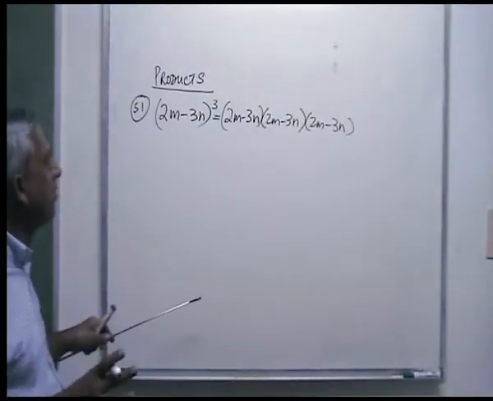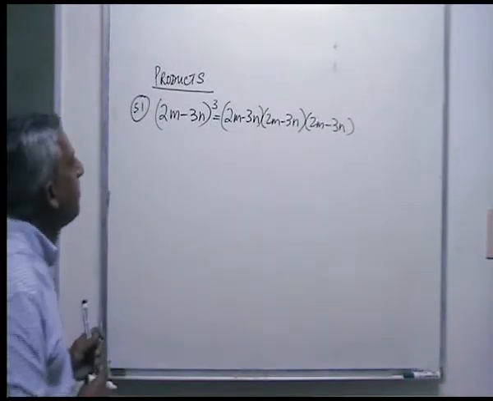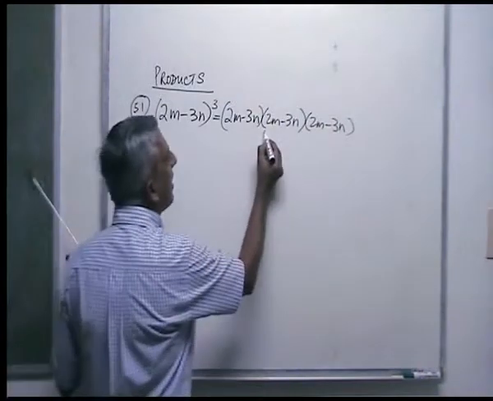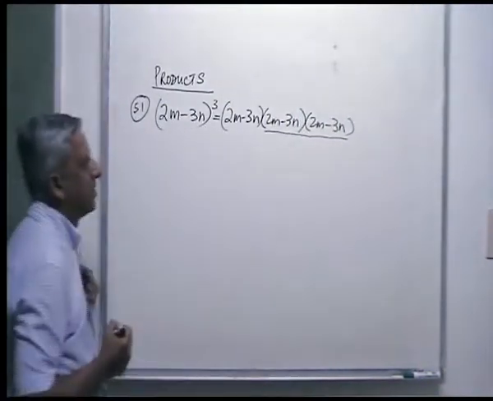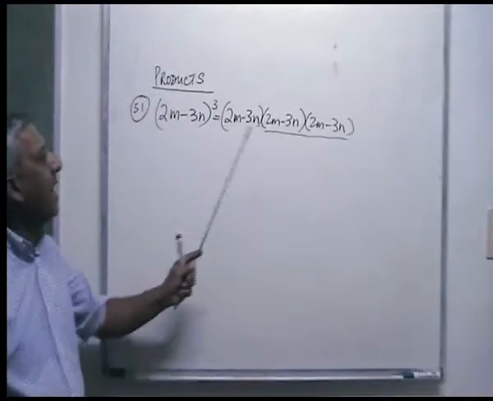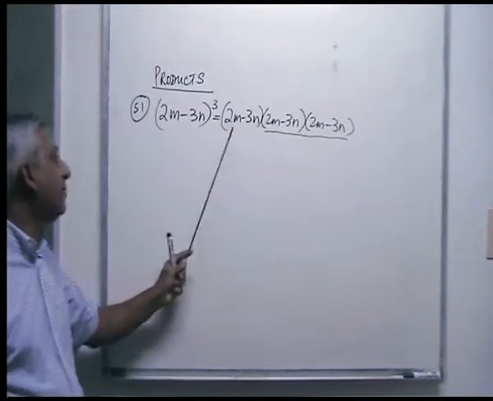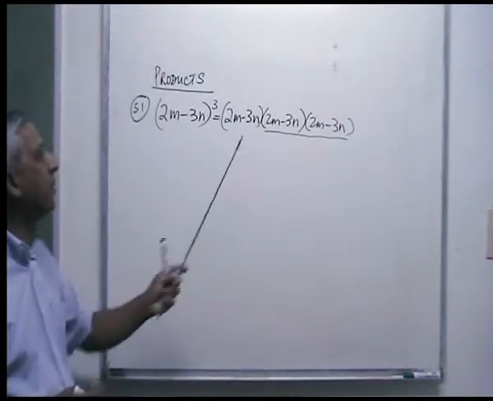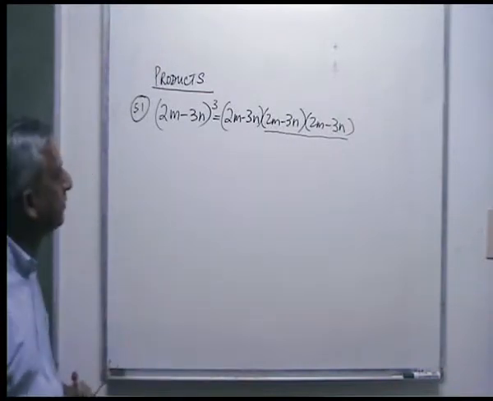And if you like this new method, it will make your life easy. I have to multiply these two first. So I can multiply that, get the answer, and then multiply it by this. I can do that part on its own.